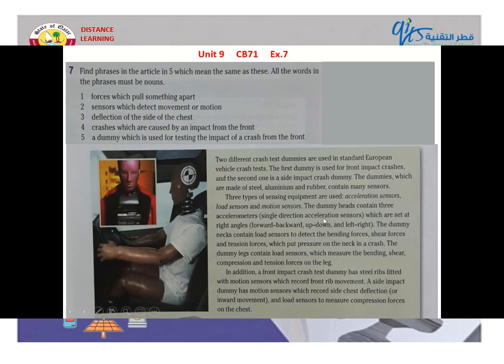So we have to find a phrase in this article that means the same as forces which pull something apart, and the phrase must have all nouns, and it is tension forces, which is from here. So you do the rest. Even before you look at the article, you can guess what the phrases are. Pause the video and do the task.